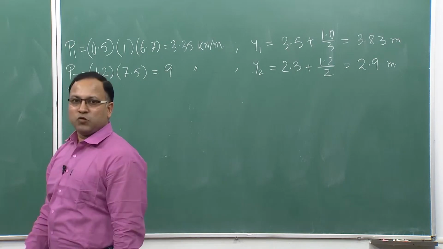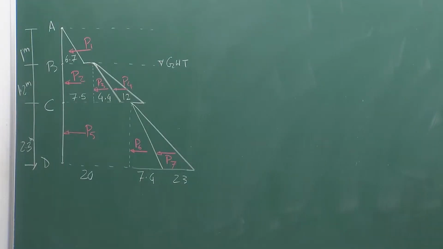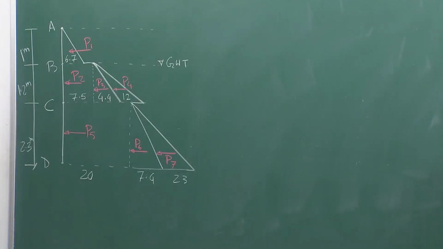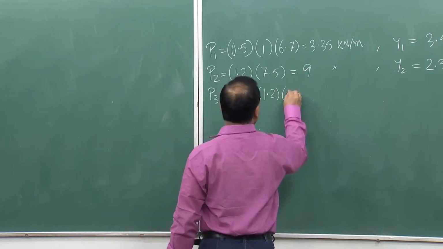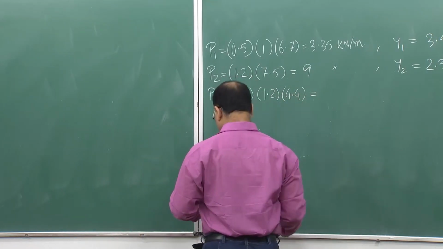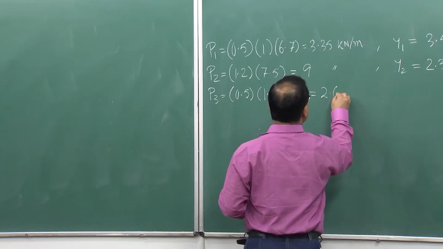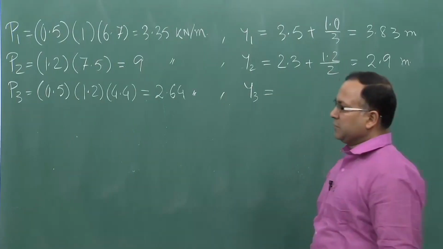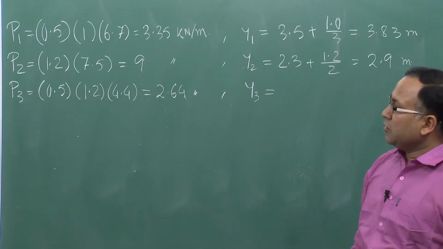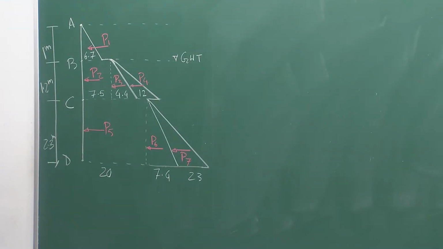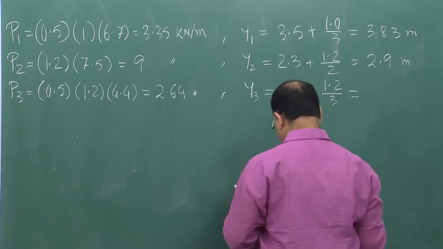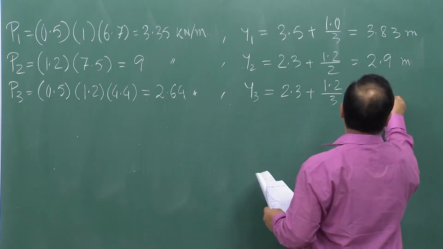P3 again is a triangular distribution. So, 0.5 into height 1.2 and base 4.4 gives me 2.64 kilonewton per meter run, and where it is acting, Y3. Now, look at this plot, Y3 will be 2.3 plus 1.2 by 3, that comes as 2.7 meter.